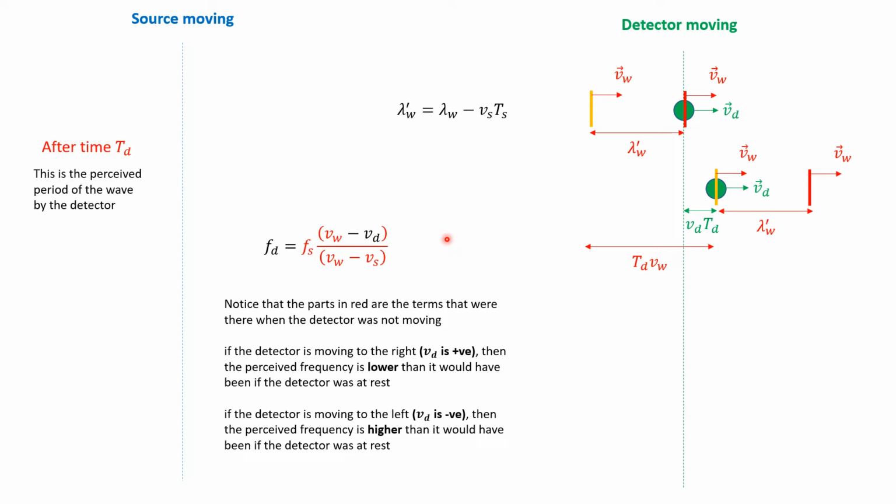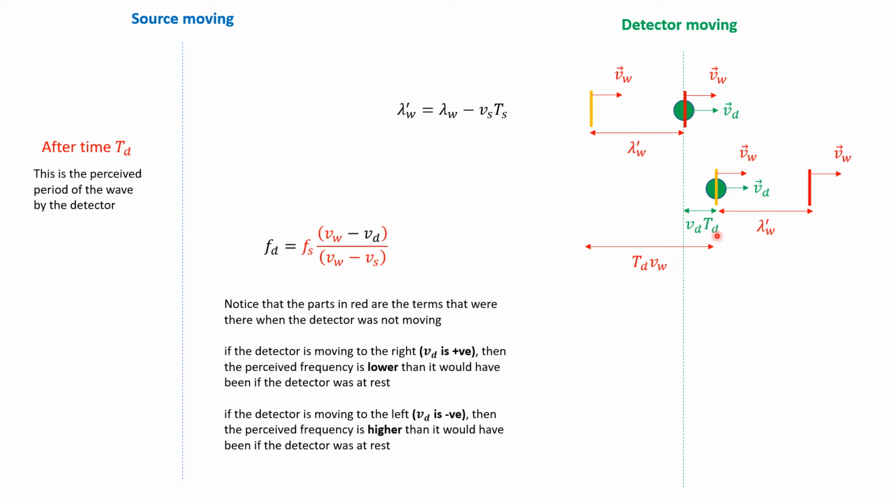Now, intuitively, when the detector moves to the right, the time between successive wavefronts that it feels will be longer, so the frequency should be lower. So when VD is positive here, you get something minus something smaller, and so of course the frequency will be lower, as expected.